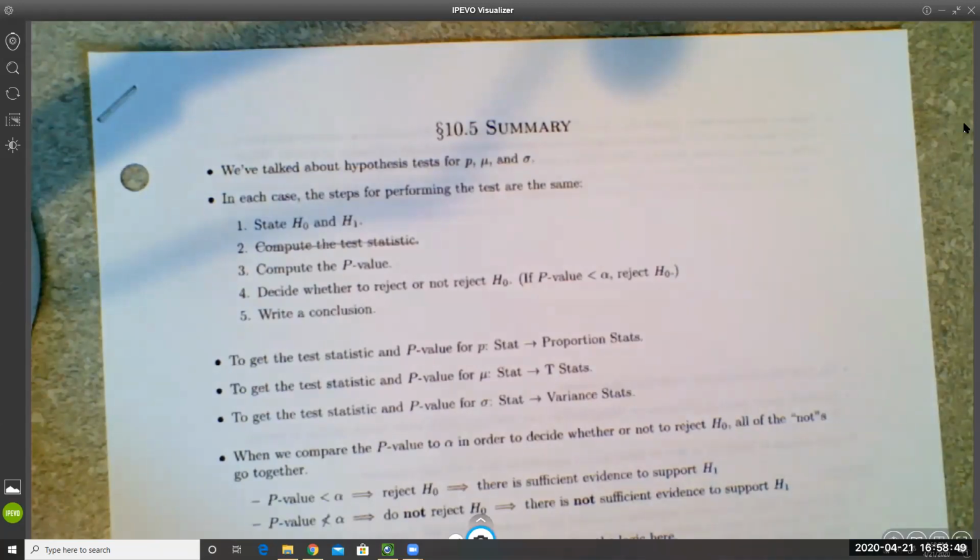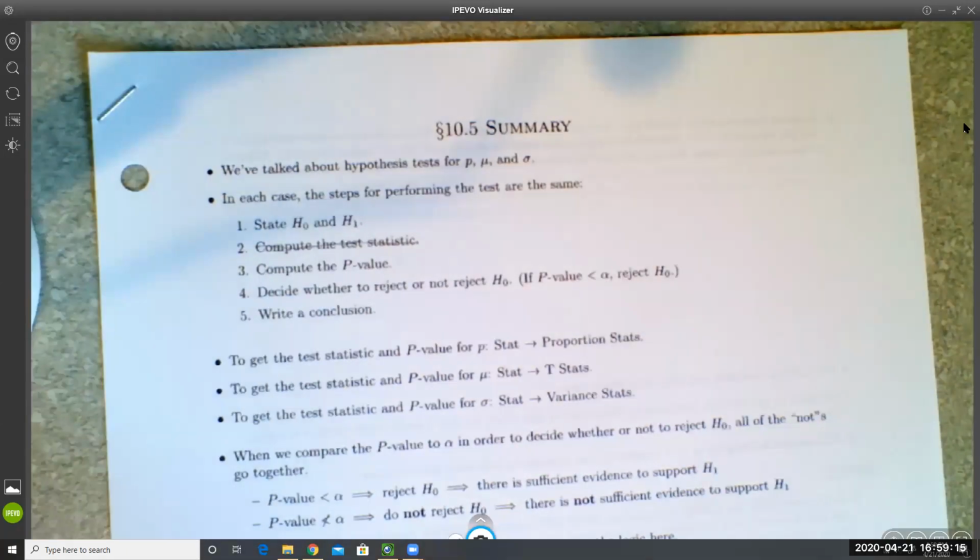So if in step 4, you decide to reject the null, then that means there's evidence to support the alternative, and you would say so in step 5. If, on the other hand, in step 4, you decide not to reject the null hypothesis, then there's not evidence to support the alternative, and you would say so in step 5. Okay? So step 4 is a decision about what to do with the null hypothesis, and step 5 is about what that means for the alternative.